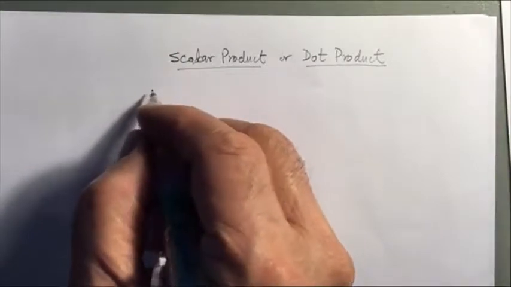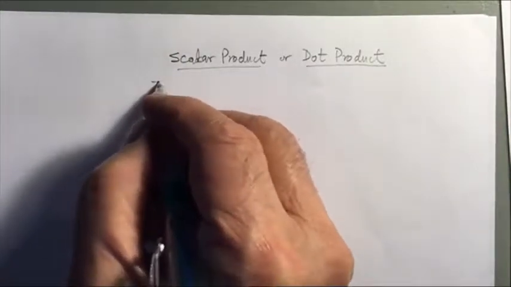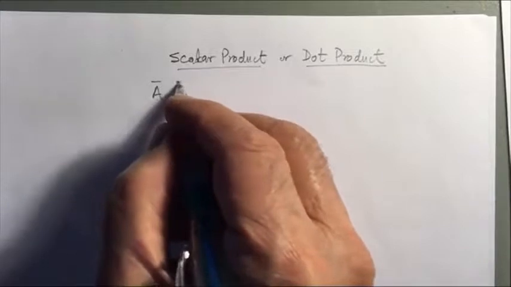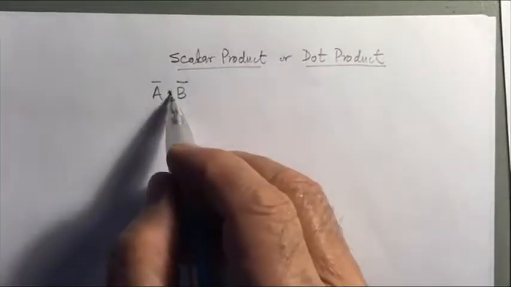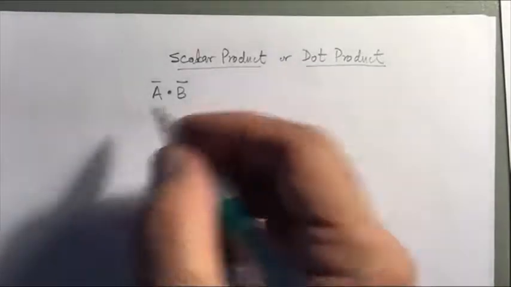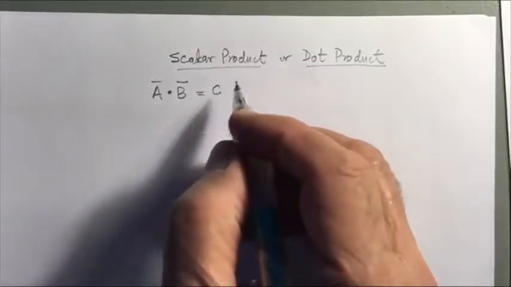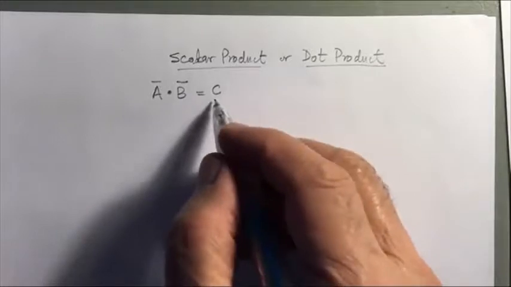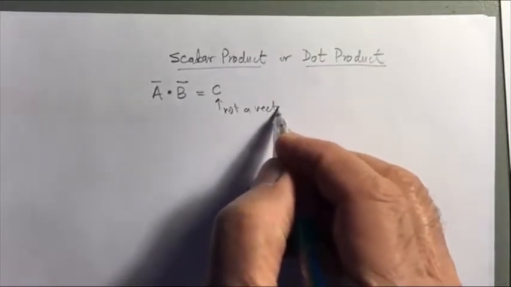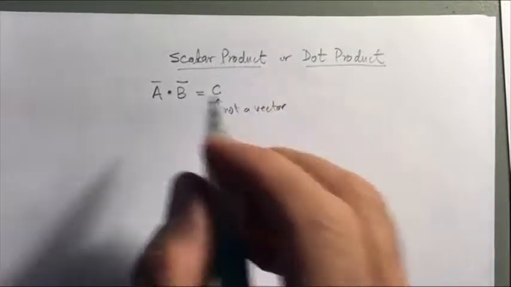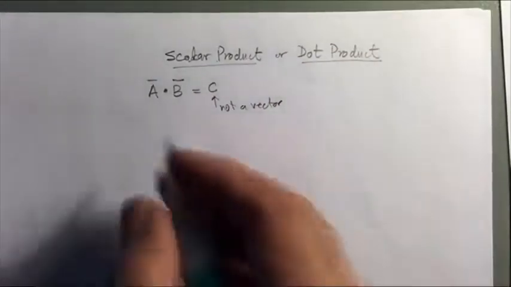If you have a vector A and a vector B, and we want to take their dot product, you put a dot in between, and that's a symbol that this is a dot product, and the result will come out to be something else, C, which is not a vector. That's why it's called a scalar product. So A dot B becomes a scalar.